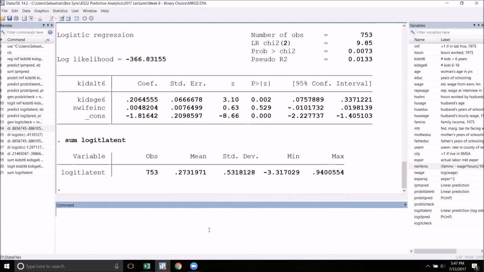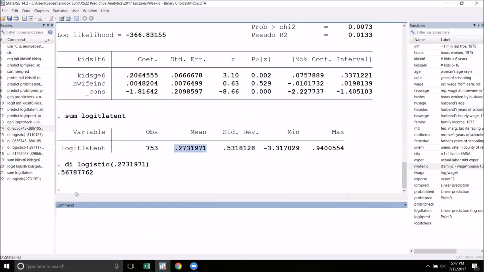Therefore, the probability of a so-called average woman in the data set joining the labor force would be logistic of this number. That turns out to be about 56.8%.